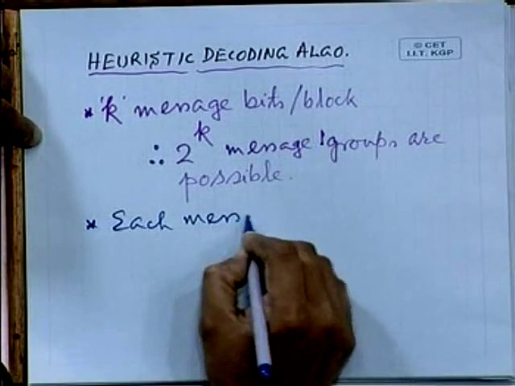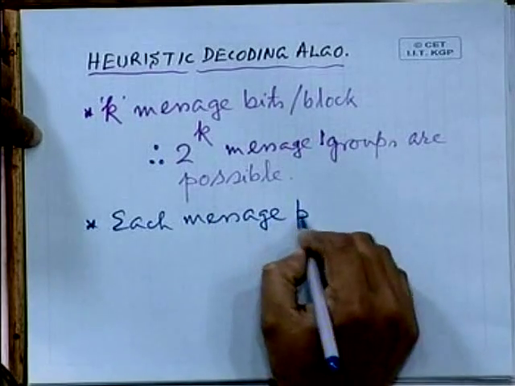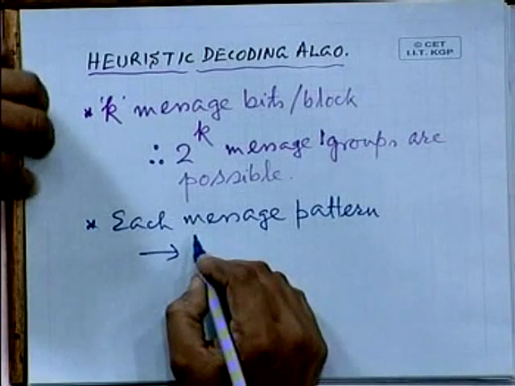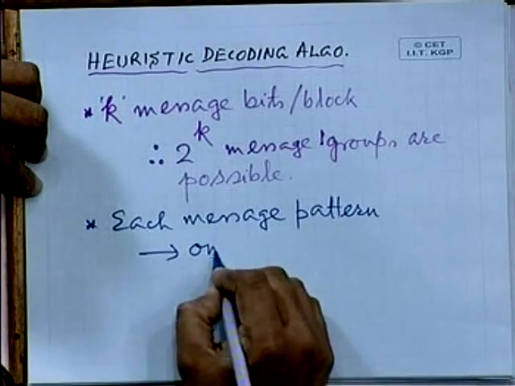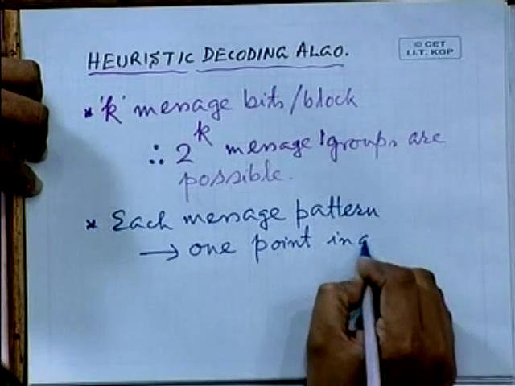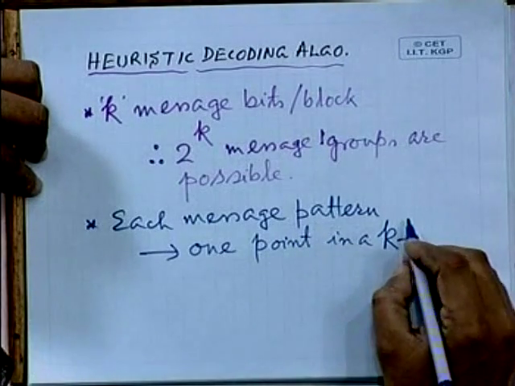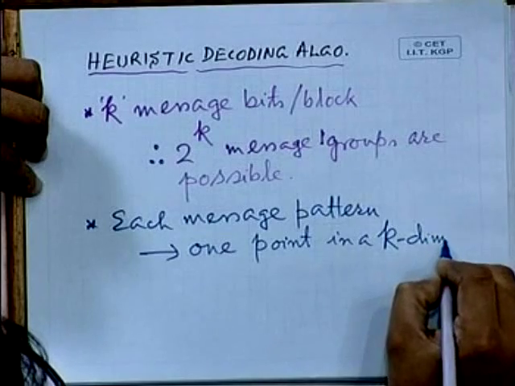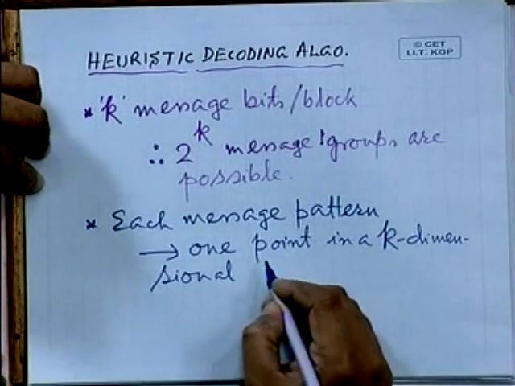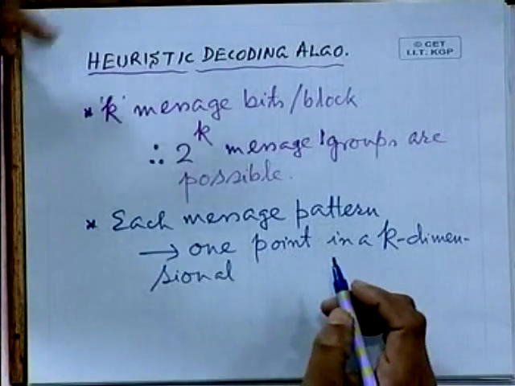Each message pattern can be mapped into one point in a k dimensional space. Can I say message space? In general we say signal space, but here I can say k dimensional message space.